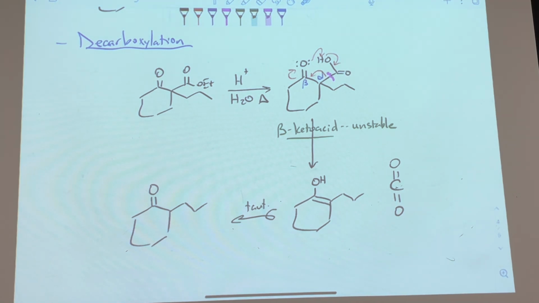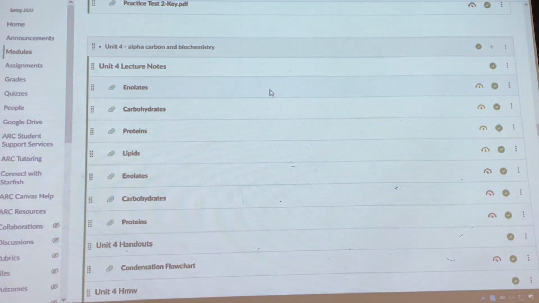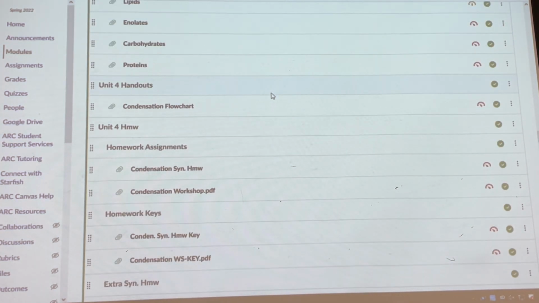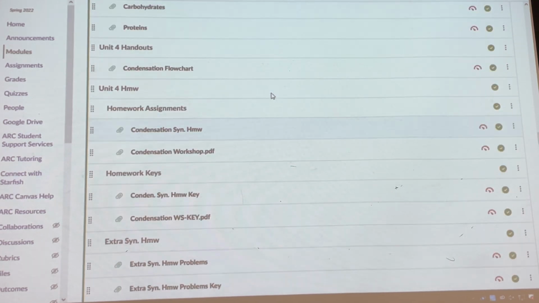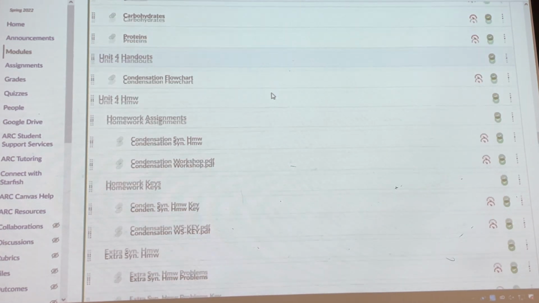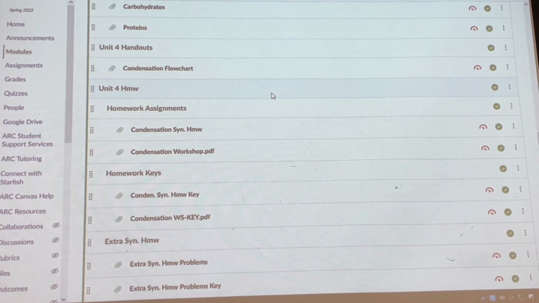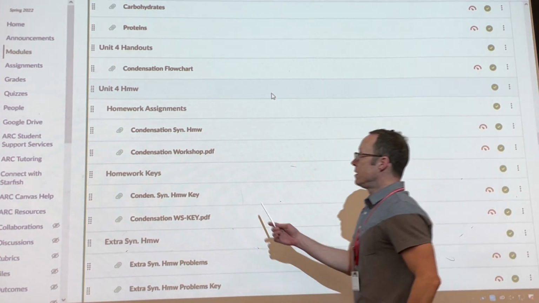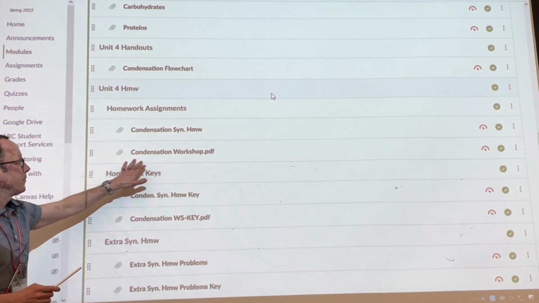And by the way, because a lot of this chemistry is going to take some getting used to, it's going to take some practice, if you go to Canvas, you go into the Unit 4 module, I have something that is called this condensation workshop here.